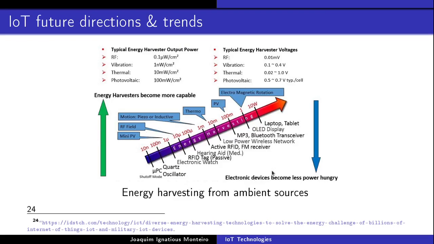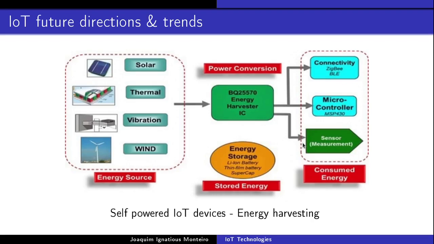MEMS technology, micro electromechanical systems, is a very key technology which is going to help in harvesting energy from different ambient sources like wind, thermal, vibrations, solar. At the same time, your electronic devices are also consuming less power. In future, you will have self-powered IoT devices which will harvest energy from thermal or vibration.